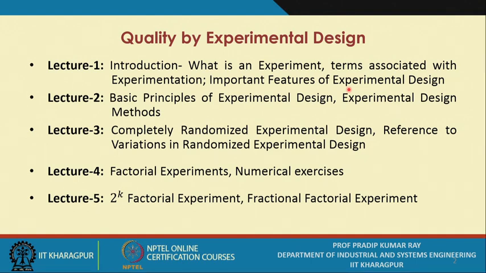Now this is an important topic, and whenever we talk about quality improvement for a product or for a process or for a system, many a time we opt for experimental design, and there are many types of designs. Obviously this is a very vast topic. So in this particular lecture session we have tried to cover only those important concepts which are very vital for designing an experimentation for quality improvement purpose.